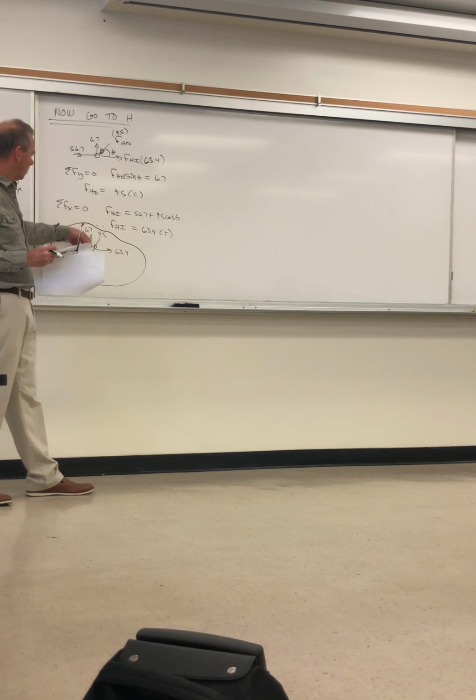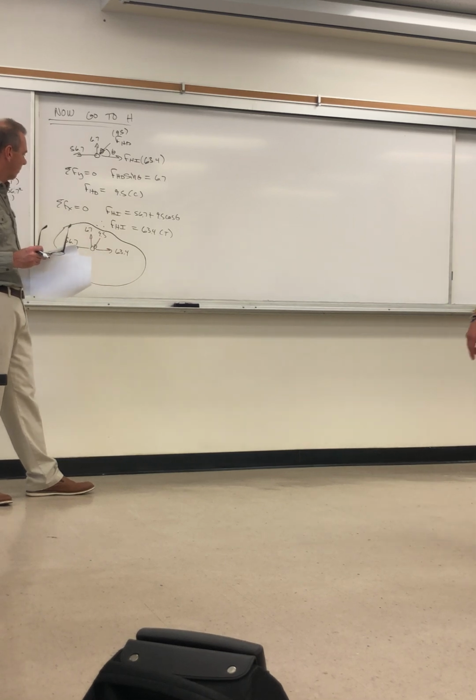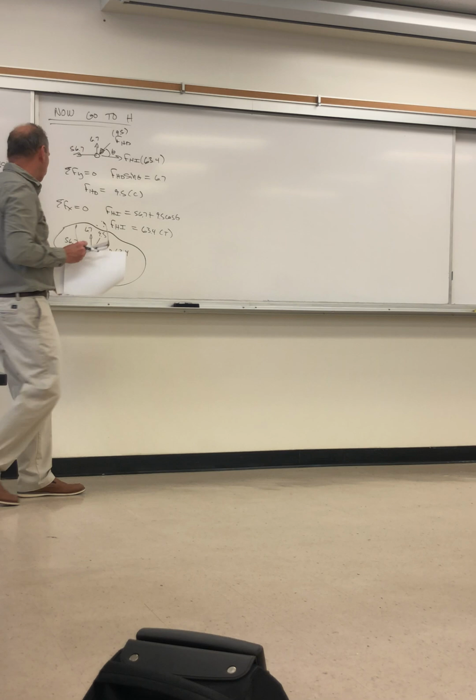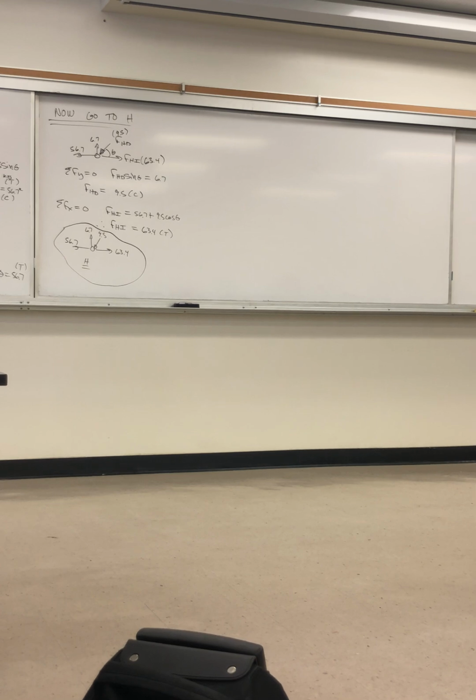Vertically, I can see the vertical component of 9.5 is balanced by that. So it looks reasonable. We'll transfer this information over here. 63.4 from the H side. So this is tension here. Right? And then this is compression 9.5.